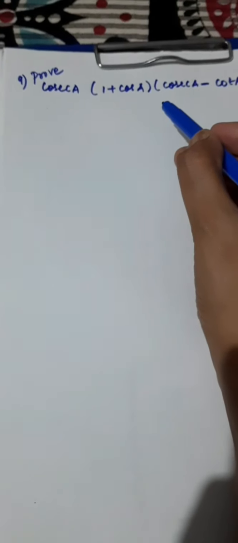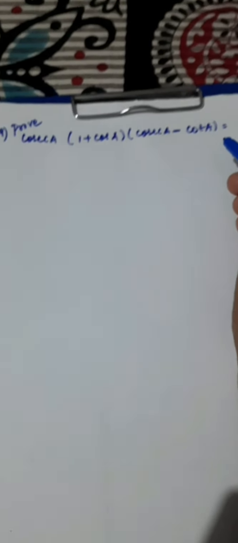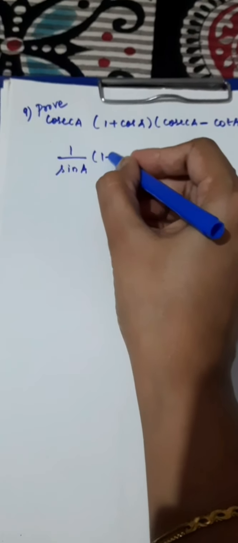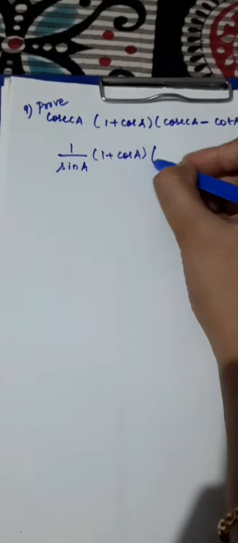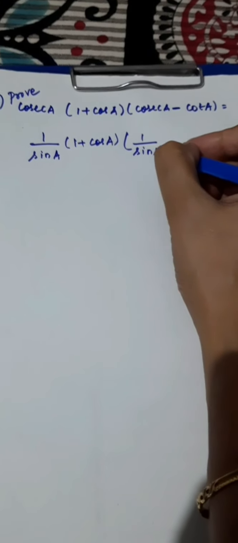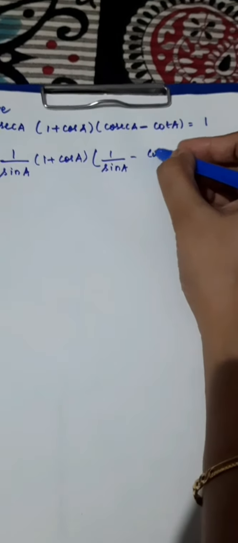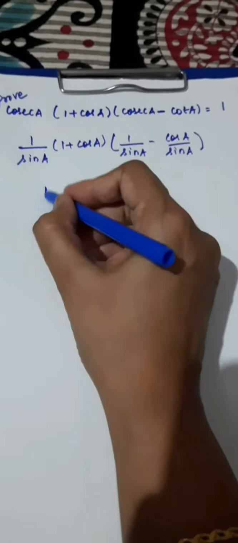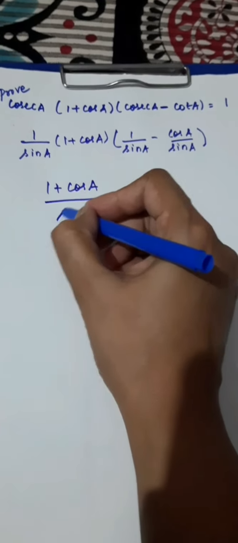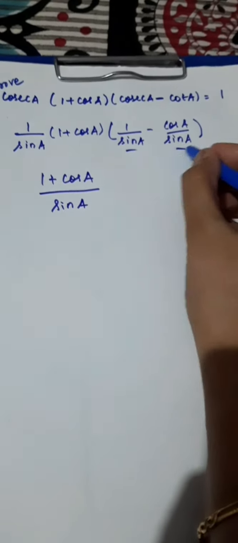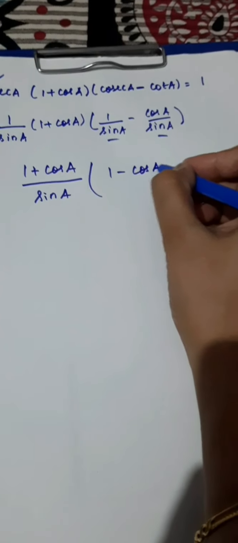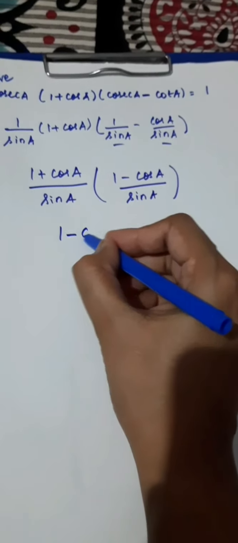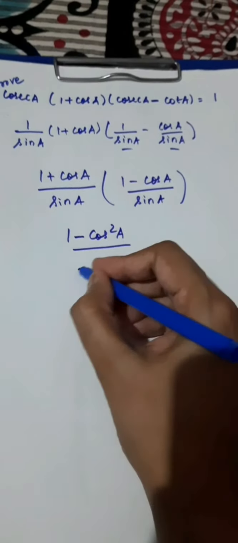Next, question 9, prove cosecant A into 1 plus cos A into cosecant A minus cot A equal to 1. So cosecant is reciprocal, so 1 by sin A into 1 plus cos A. Again, cosecant is 1 by sin A minus cos A by sin A. That can be written as 1 plus cos A by sin A into 1 minus cos A by sin A. So it's of the form A plus B, A minus B. So it can be A square minus B square.